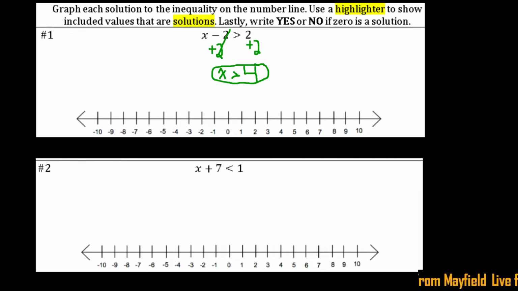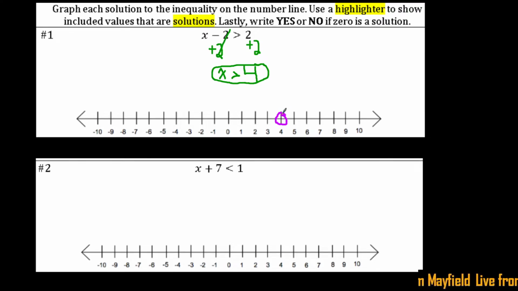Alright, so now, since x is greater than 4, I'm going to get our highlighter out, and I'm going to use a nice pink color. And so I'm going to go to where it has that value, so I'm going to go on to 4. And you want to make sure that you have an open circle for this one.